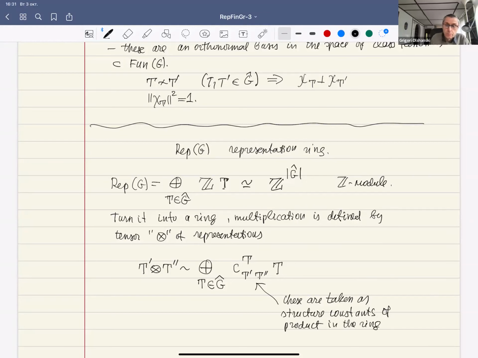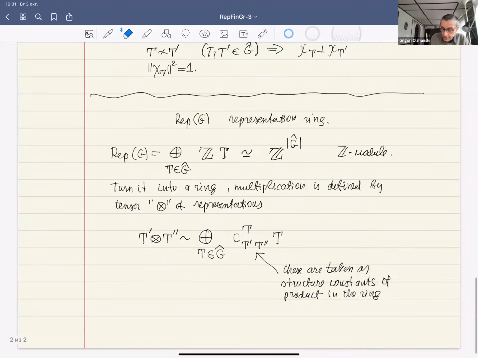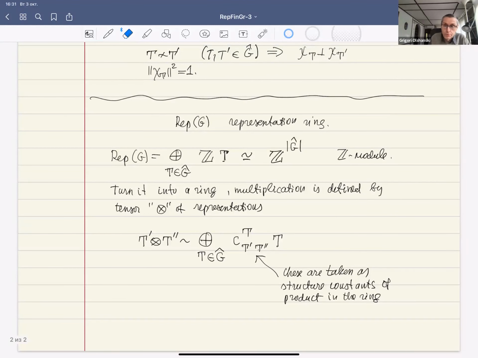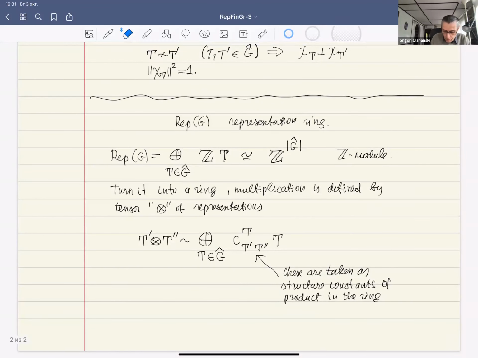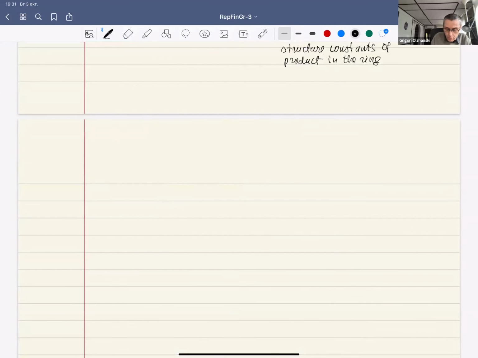So it's immediate to check that all is all right. So it's indeed an associative ring. So what are elements of this ring?